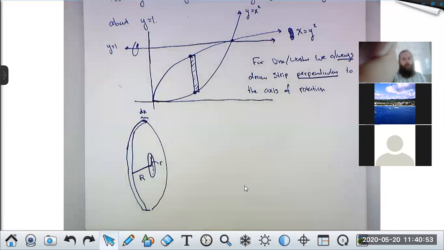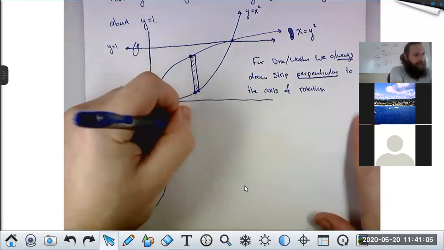That little r is always the distance from the nearer end of the strip to the axis of rotation. And that big R is always the distance from the further end of the strip to the axis of rotation.